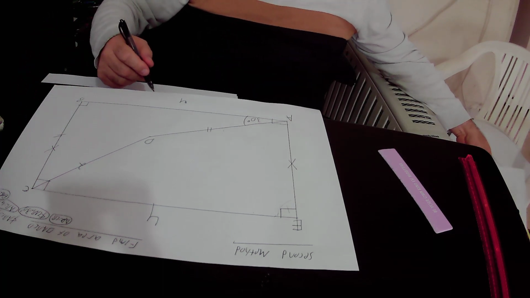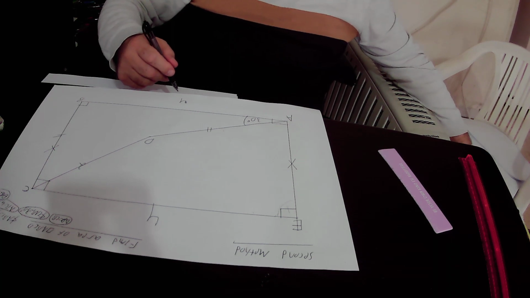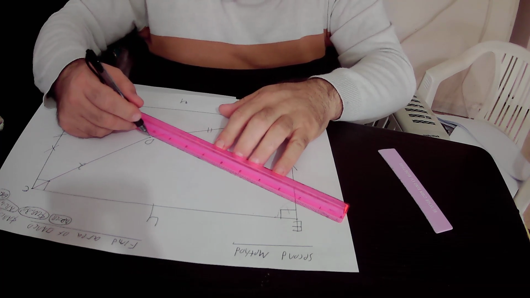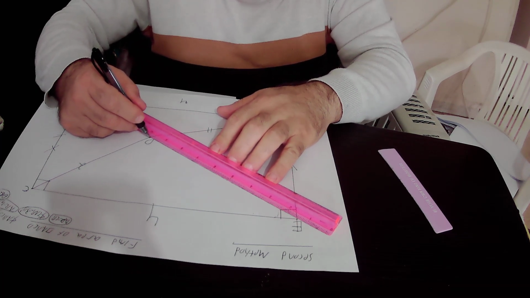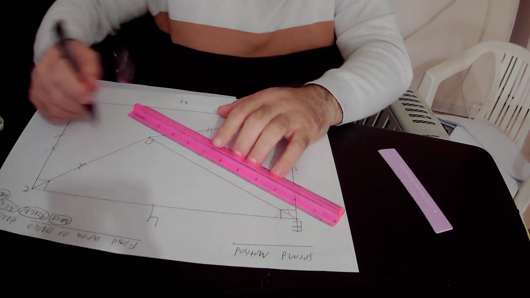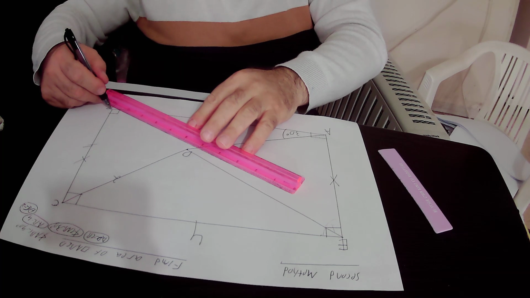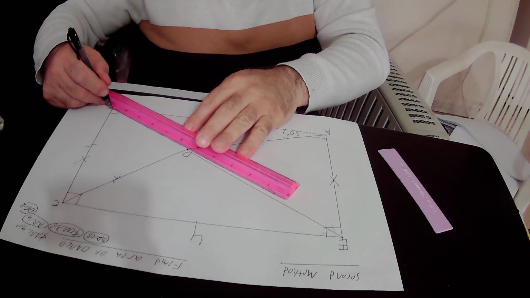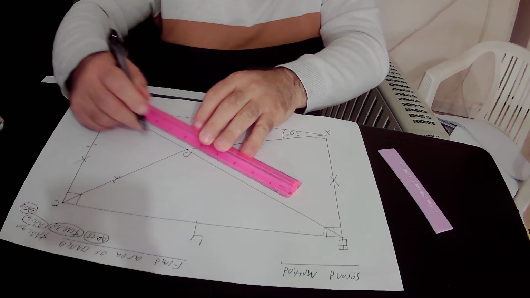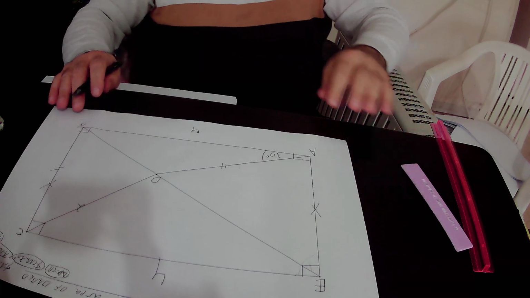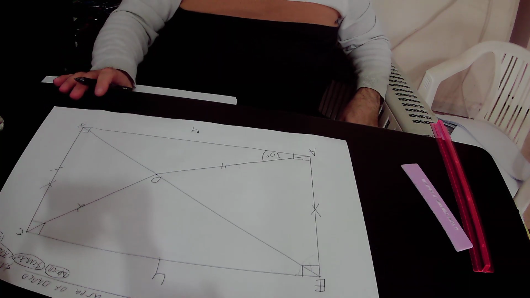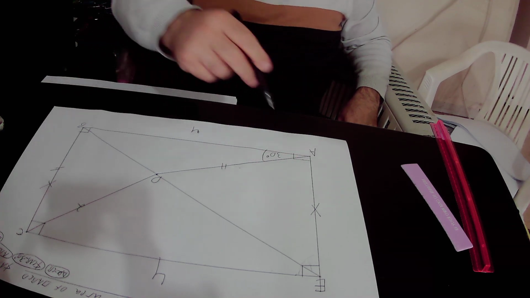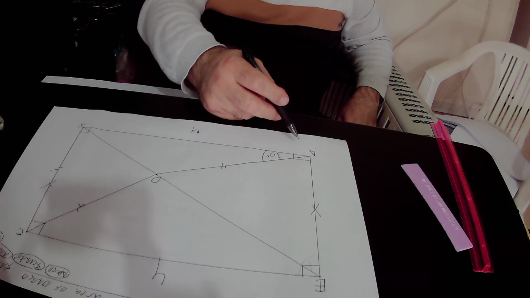In the next step, we will join together points E and D by a straight line. And we will join together points D and B by a straight line. First of all, we know that angle EAB is a right angle because we constructed it like this.